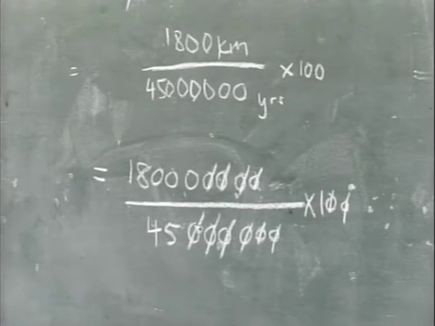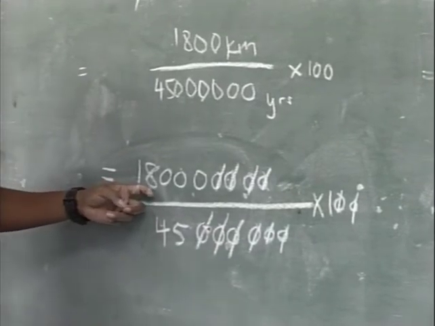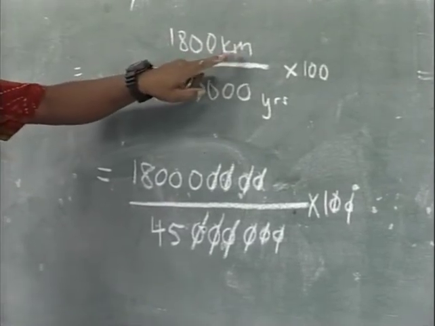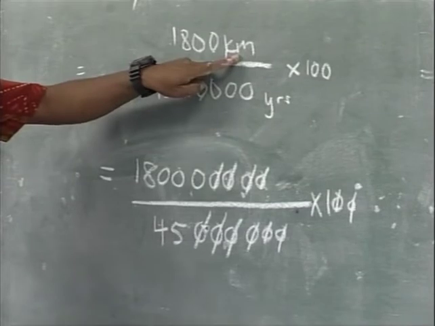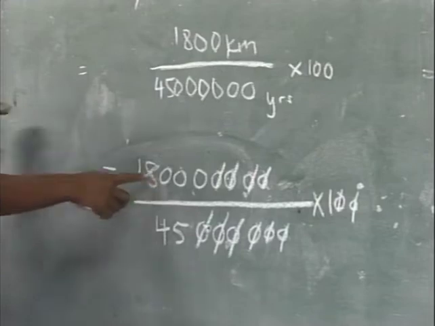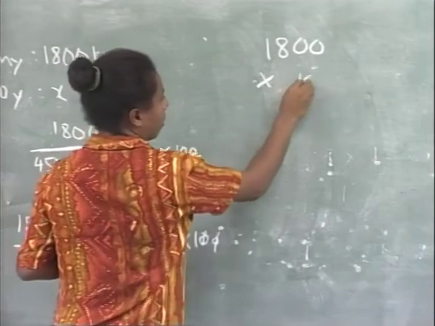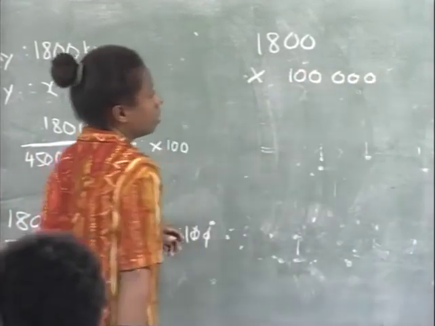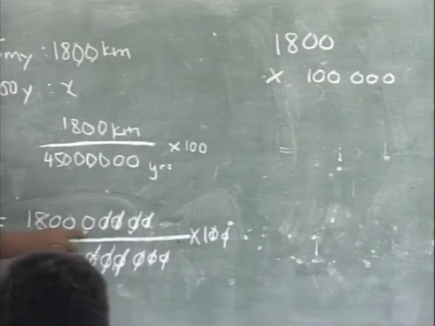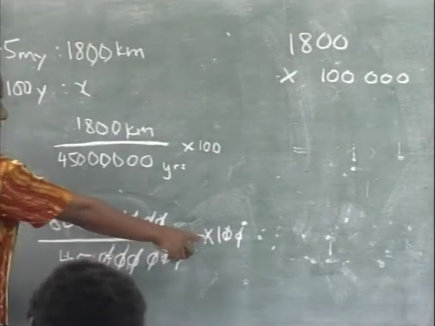Am I correct with my calculation? I want to change these kilometers to centimeters. Will I end up with this? We'll check. 1800 multiplied by 100,000, 5 more zeros added. 1, 2, 3, 4, 5. Okay, that's okay. Multiply by 100.